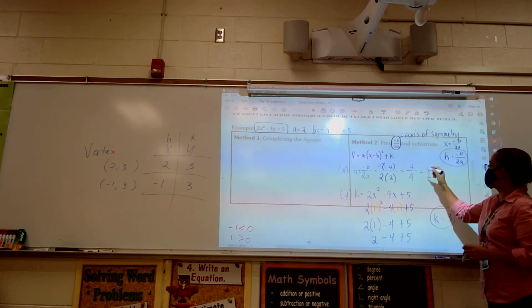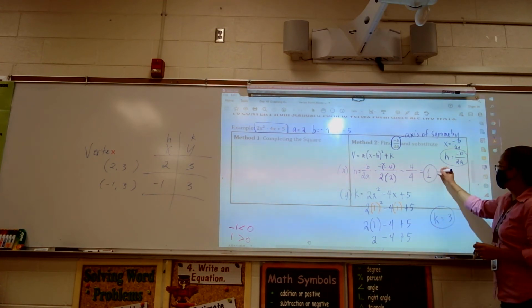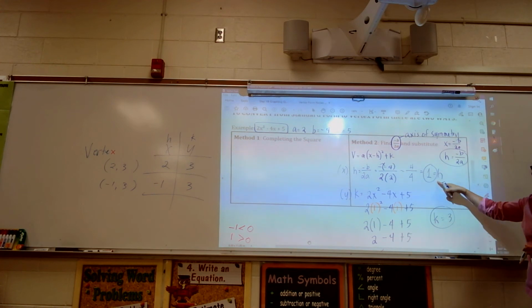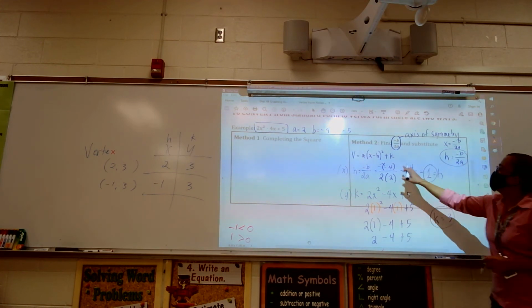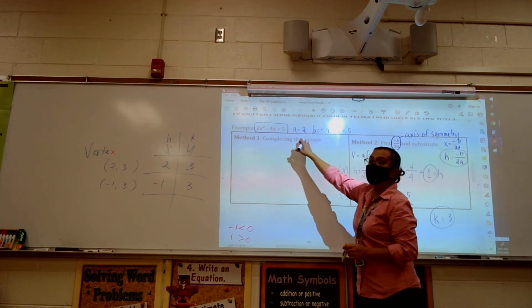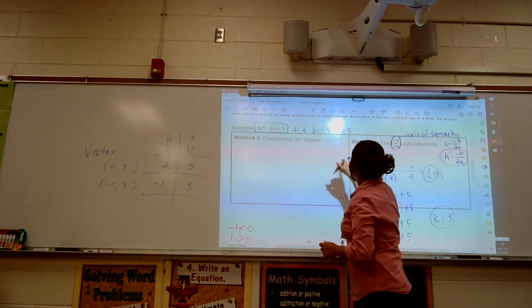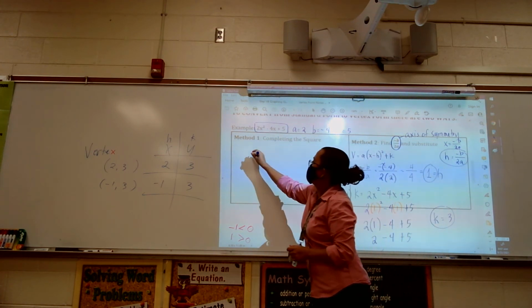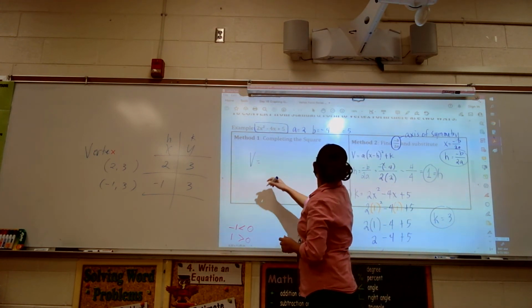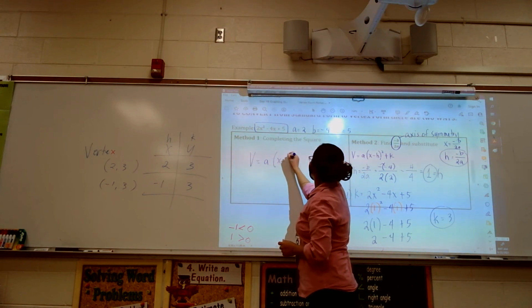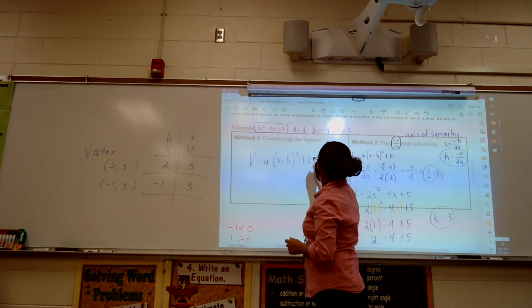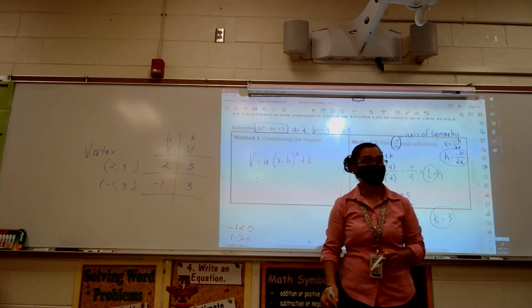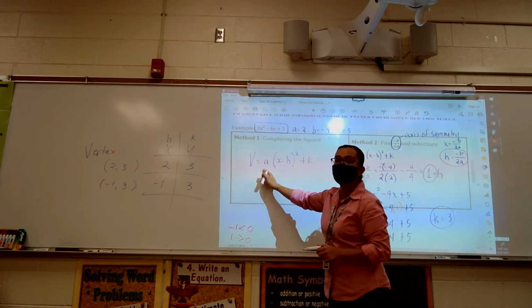Now, I'm saving everything. Look. This is h, right? We have h, we have k, we have a, so I will be writing it in vertex form. Again, vertex form is a times x minus h squared plus k. What is your a? 2.